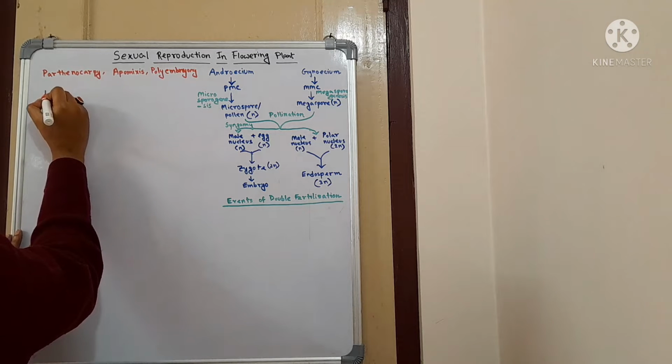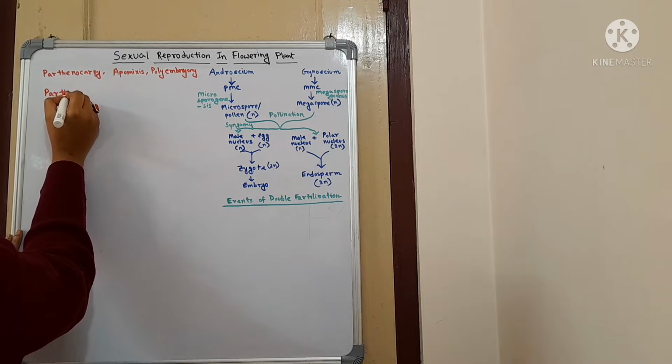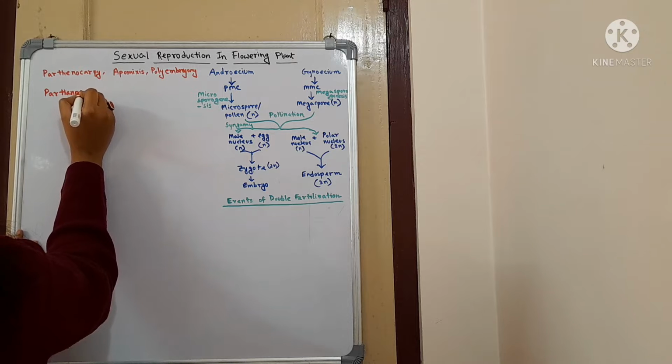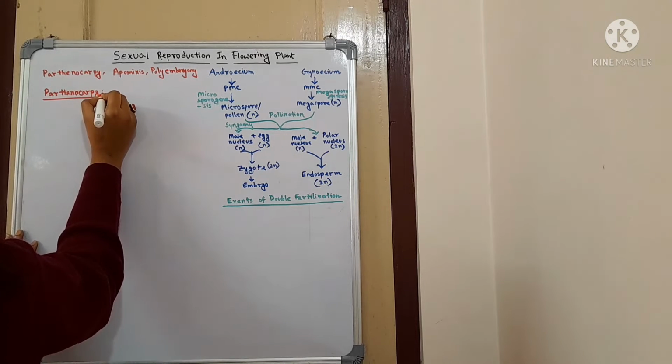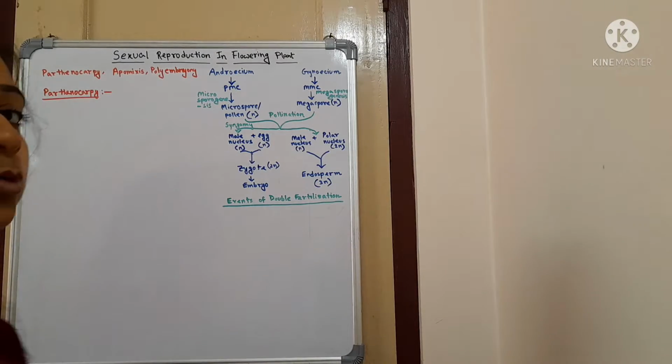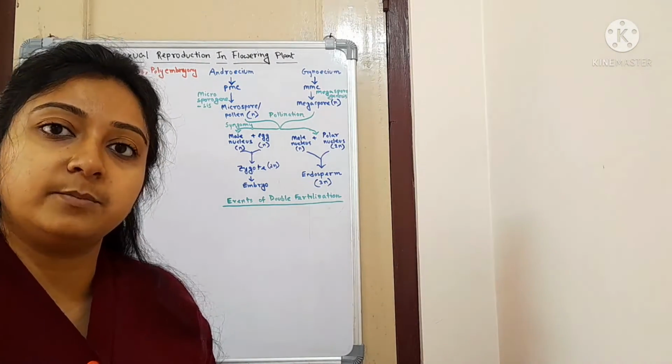So in the parthenocarpy event, what will happen? In general, to produce the fruit, fertilization is very much necessary.